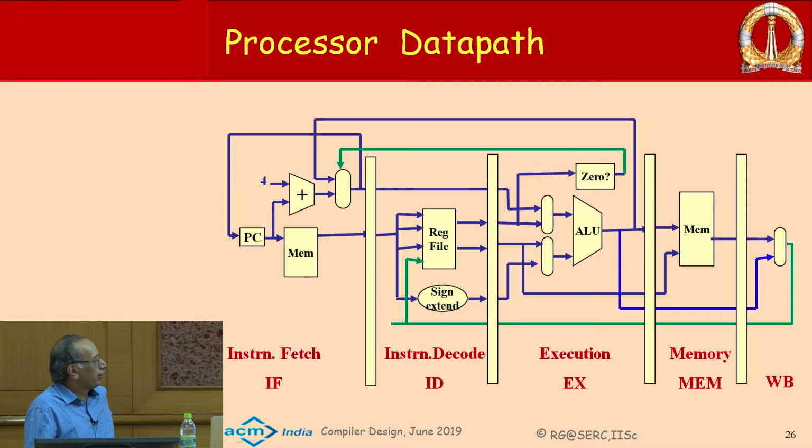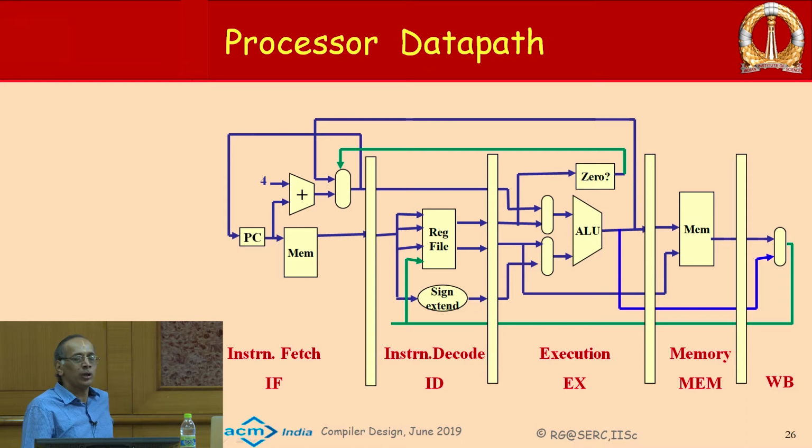And if it is a branch instruction, then this has to be an add because you want to compute the target location. If it is a load instruction, you want to compute the effective address. So you want to again do an add. So in other words, that opcode is taken by the control unit, and that control unit sends the necessary signals to all of these things at the appropriate point in time so that the appropriate action can take place. That is why we didn't talk about the opcode part, right?